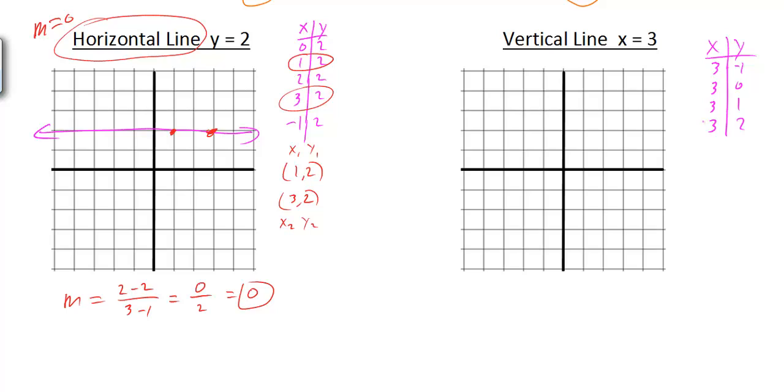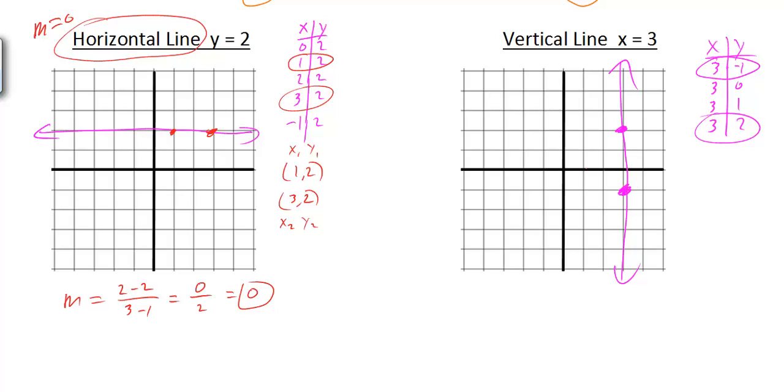So if I was to pick two of these points, let's say that we pick (3, -1) and (3, 2), then let's see, if it's a vertical line at x equals 3, 1, 2, 3, here's our vertical line. And if we pick (3, -1) and then (3, 2), there's our 2 points.